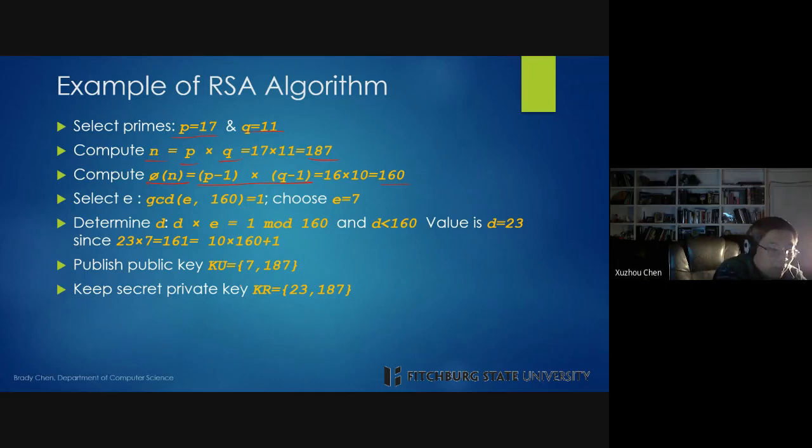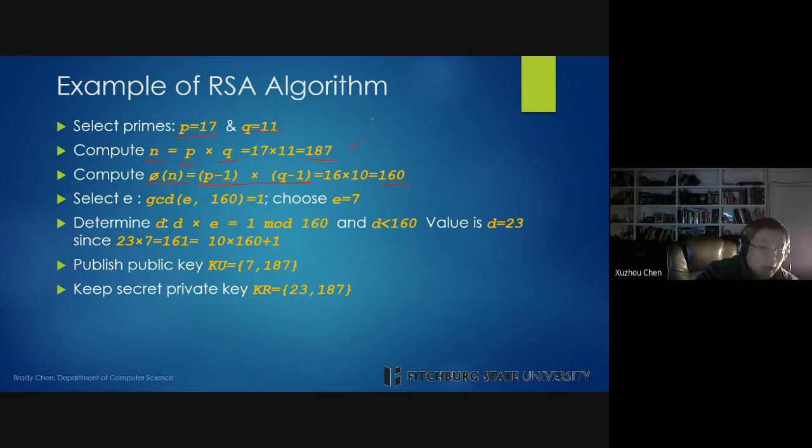It's easy to factor 187. You just divide 187 by 3, by 5, by 7, by 11. You try all the possible divisions and find that 187 can be divided by 11. Then I find one factor, so I can find the other. Yes, that's easy to calculate.